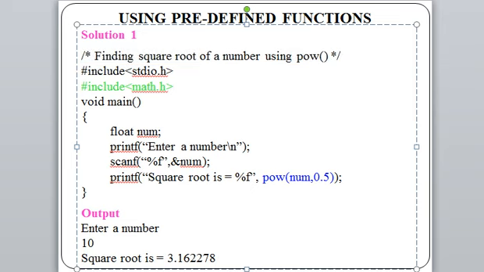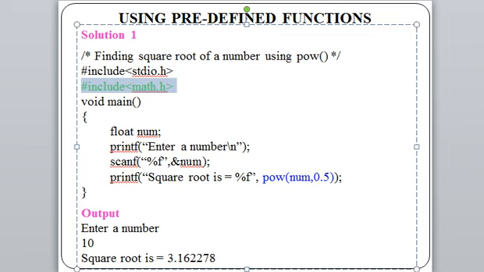Now the next line we have is hash include stdio.h. It is nothing but a preprocessor directive where stdio.h is a standard input output header file. It contains the definition and declaration for printf and scanf, which we use in this program. Now, one more header file, that is math.h, is included in this program.